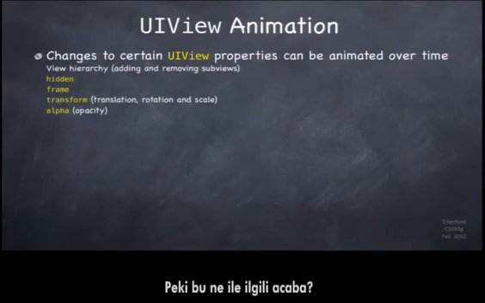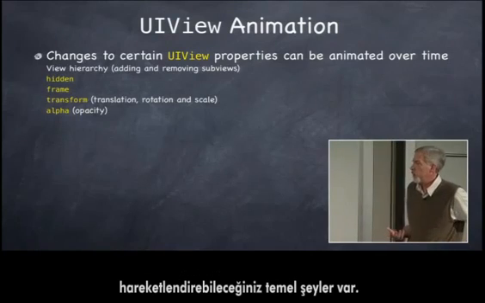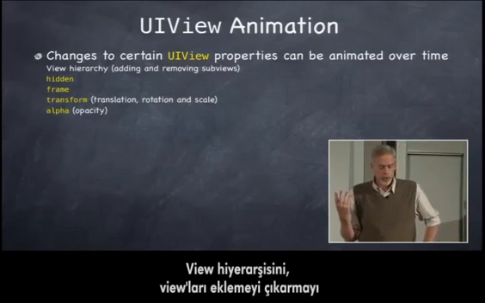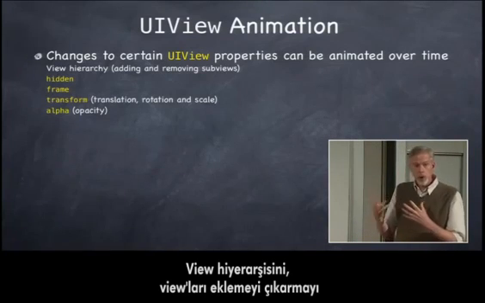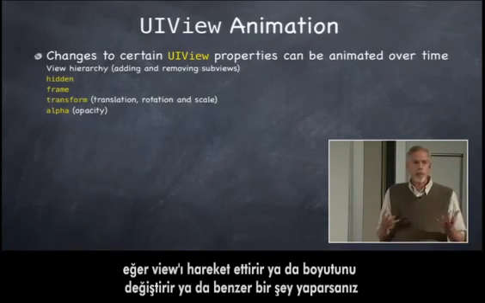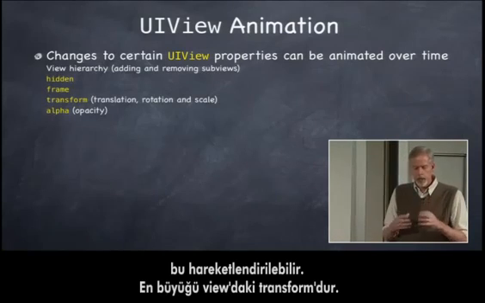UI view animation. So what is this about? So I told you there are certain things you could animate when you change them in a view or when you change things in the view hierarchy. So here are kind of the main ones that you can animate. The view hierarchy itself, adding or removing views, and the hiddenness too, whether something's hidden or not. Also the frame. So if you move the view around or change its size or something like that, that can be animated.